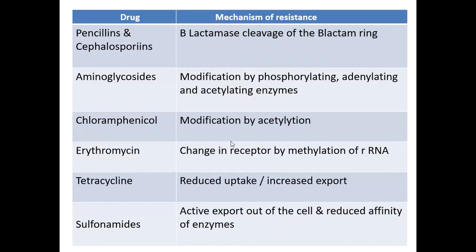Okay, so mechanism of resistance. We have seen the mode of action, right? How it acts: on the cell wall, on 50S, on 30S, on cytoplasmic porin channels. So that was the mode of action. Now mechanism of resistance. If we talk about penicillin, it produces the beta lactamase enzyme, which cleaves the beta lactam ring.